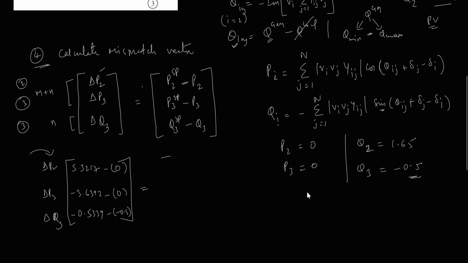So this vector is equal to 5.3217, minus 3.6392, and minus 0.0339. So this is my mismatch vector.